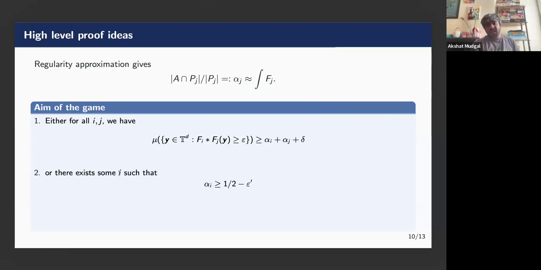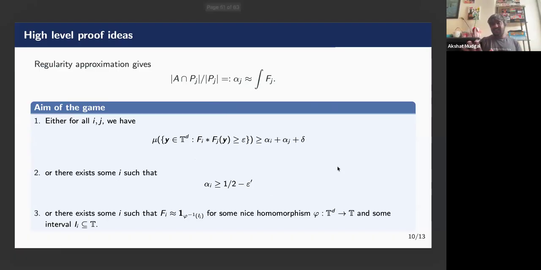Or there exists some i such that alpha i is just too big. It's at least half. Remember, alpha i is exactly the density of A on this progression. So if this is the conclusion that I get, I'm already really good to go. I know on the progression Pi, my density is at least half minus something small. Or finally, and this is sort of the hardest case, I have my expansion conclusion, I have my one-dimensional conclusion, and I still need my two-dimensional conclusion.